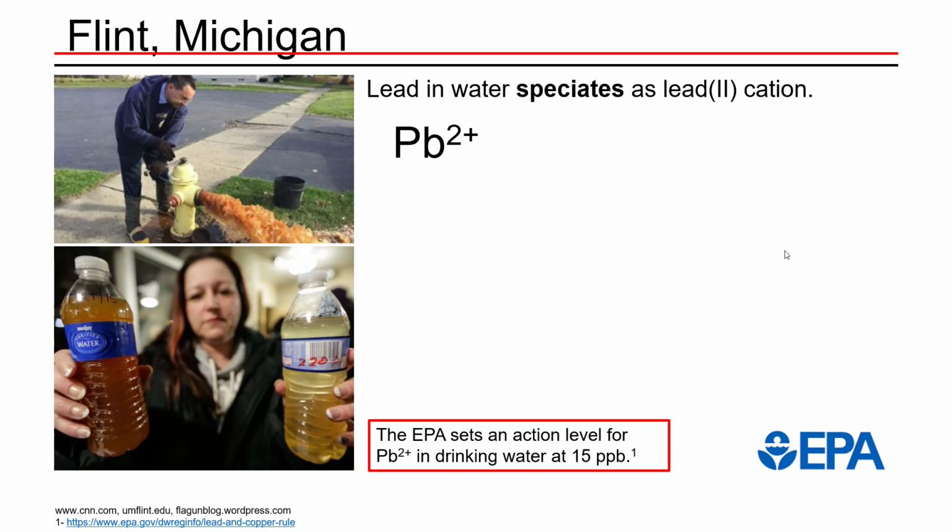Now, in modern analytical chemistry, we would actually quantify the lead 2+ concentration using appropriate instrumentation, which we talked about before. Analytical chemists at Virginia Tech University determined the concentration of the lead 2+ cation in Flint, Michigan's water using an instrumental technique called ICP.